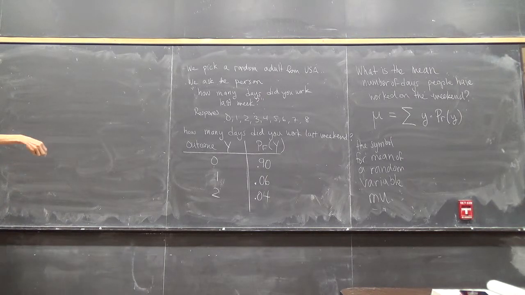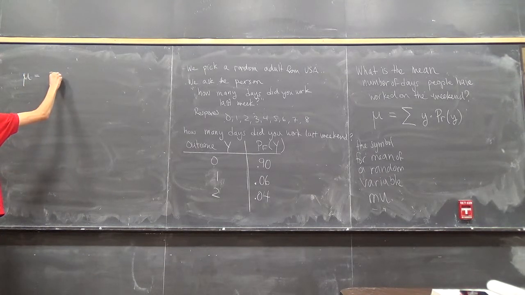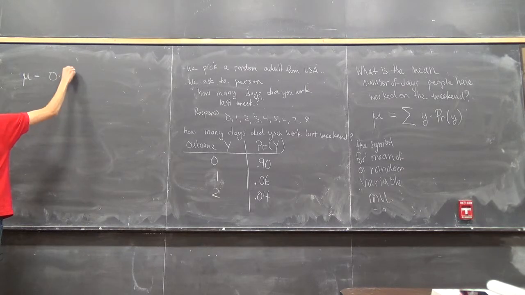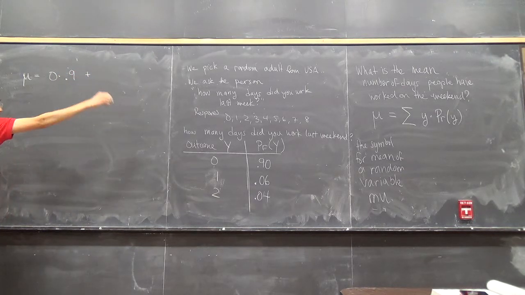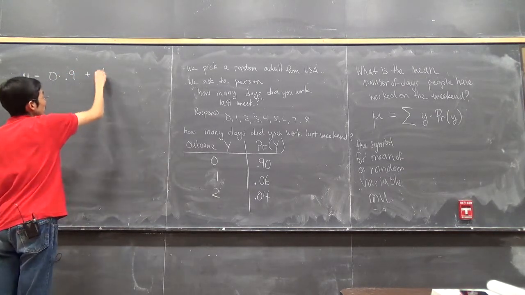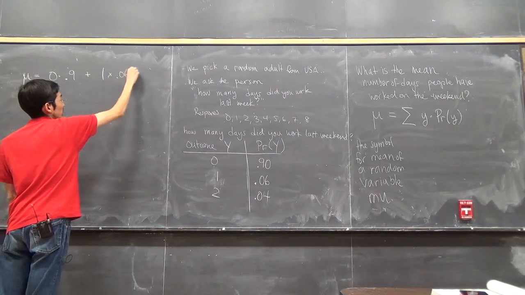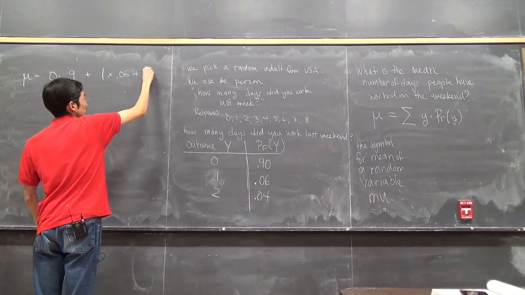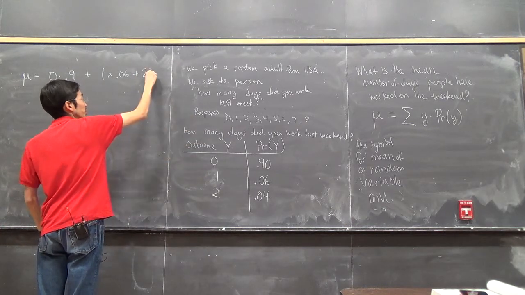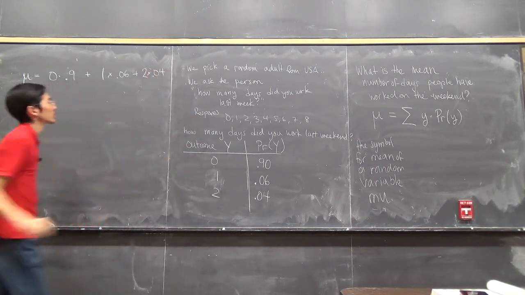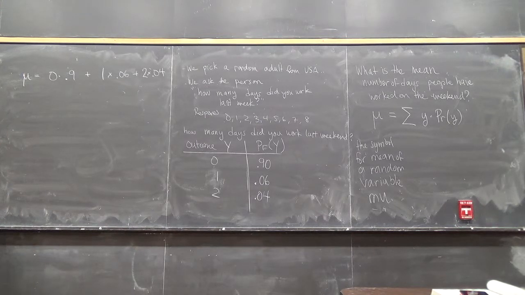So in our case, our mean mu would be 0 times 0.9 plus the next value, 1 times the probability of getting 1, 0.06, plus 2 times the probability of getting 2, 0.04. This is how we calculate the mean.